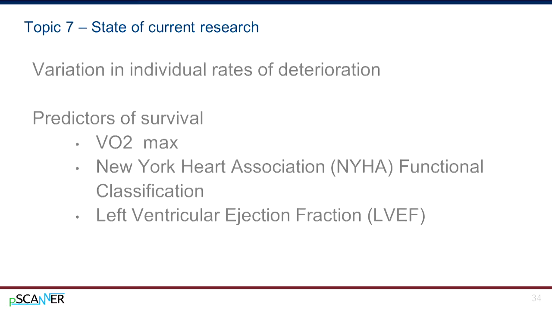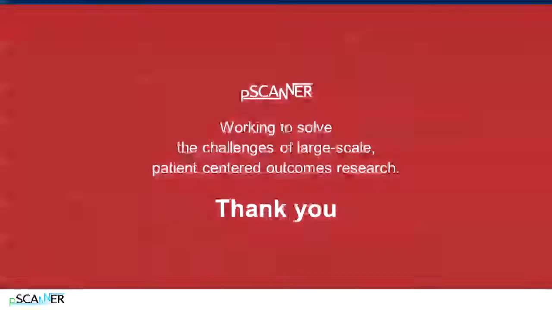Left ventricular ejection fraction, or LVEF. This measures the percentage of blood leaving your heart each time it contracts. Although these indicators correlate with survival on a statistical basis in a large population, their ability to predict survival in individual patients is limited.